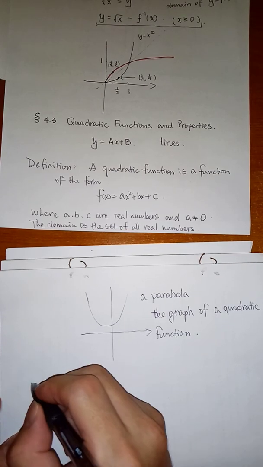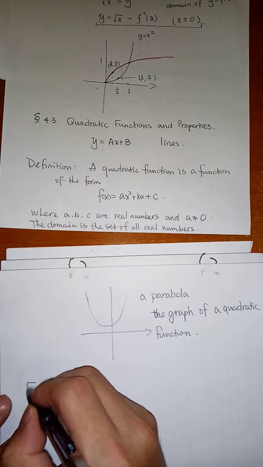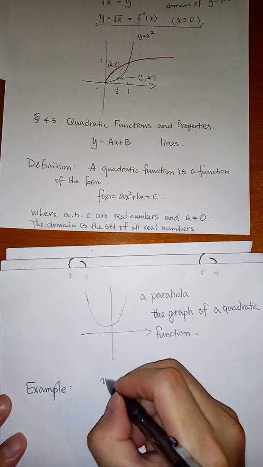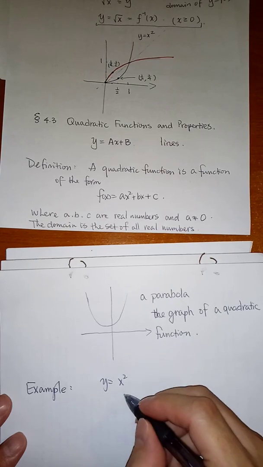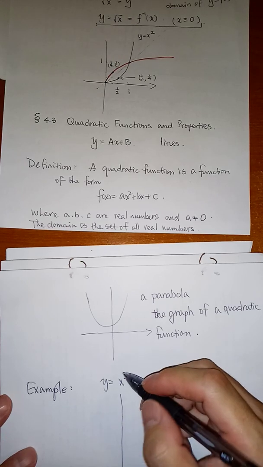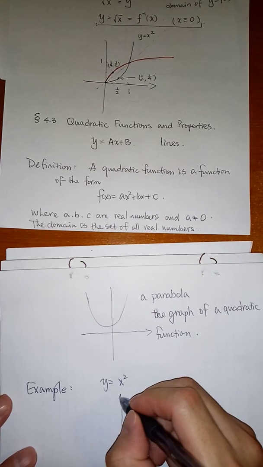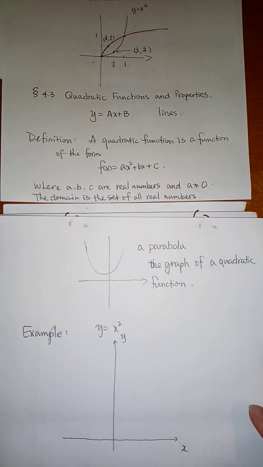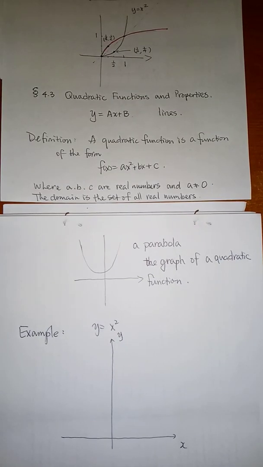So first, we start from the simplest example, y equal to x squared. Because this is x squared, all the values are positive, so that's why we only use the upper half space. We don't use the bottom.